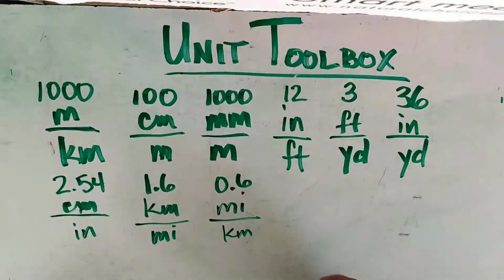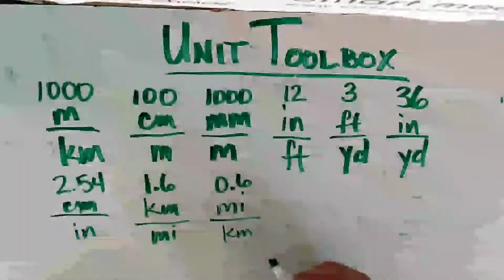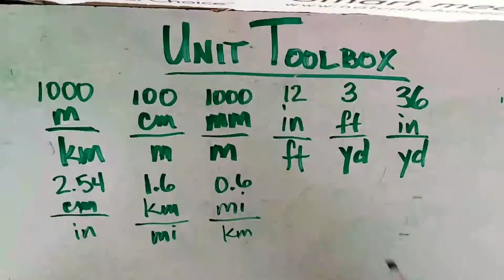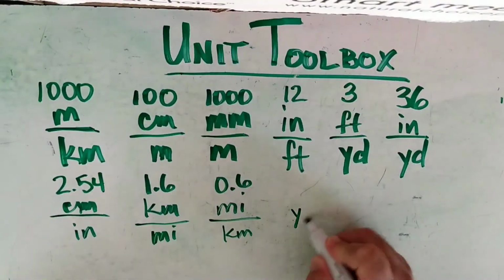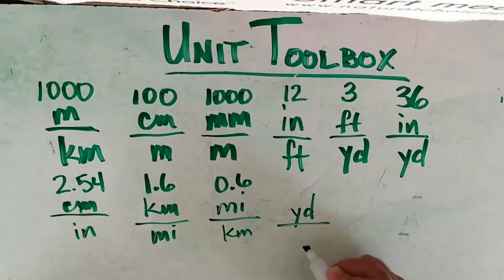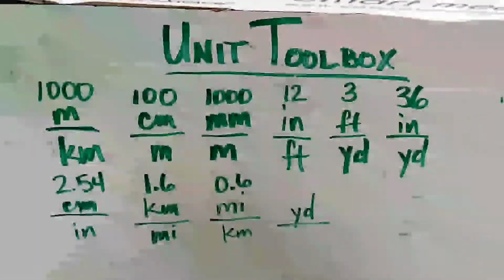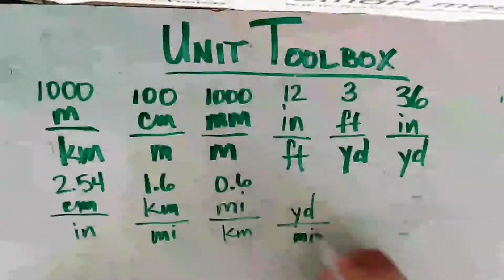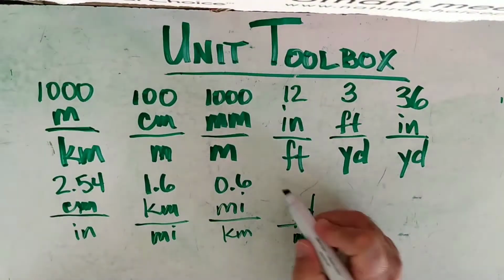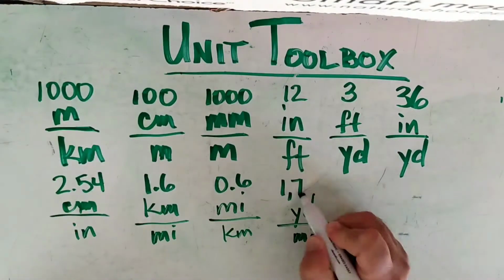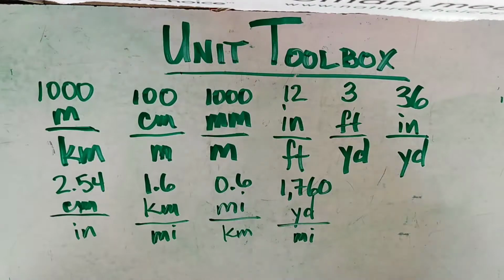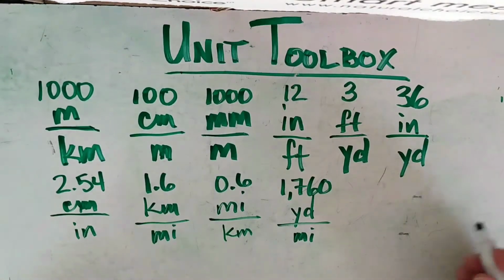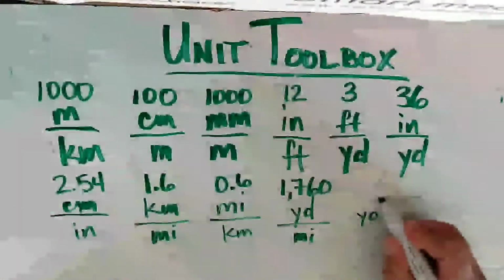All right. Now let's go back to yards. How many yards are there now? And remember, a yard is from your nose to your fingertips. How many yards are there in a mile? So there are 1,760 yards in a mile. Here's probably an easier one.